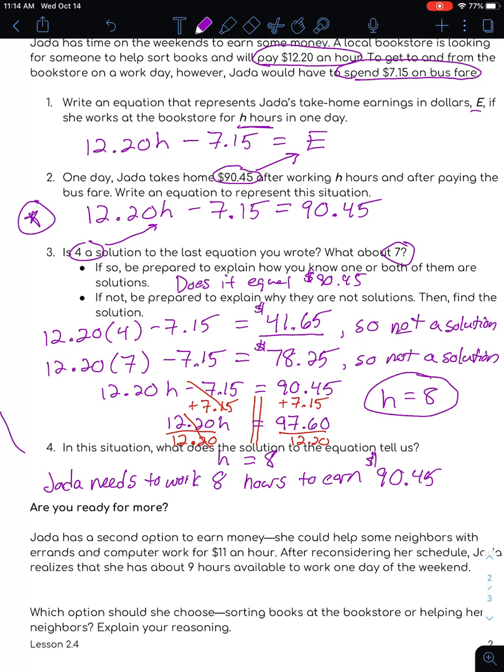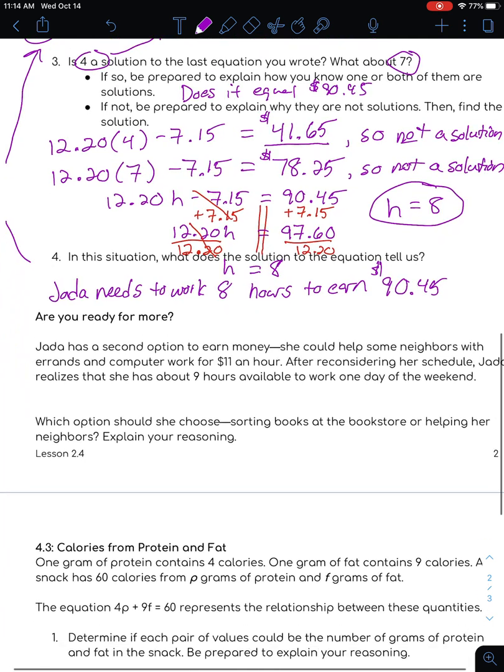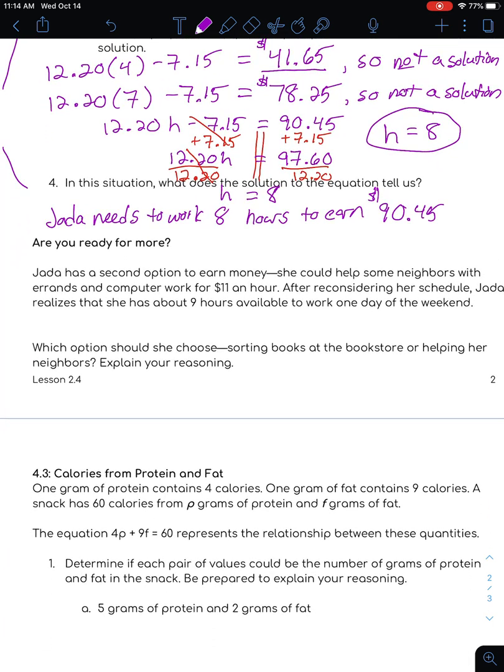So back up here in our equation, we're wanting to know what number of hours she would have to work to get that $90.45, and we just worked backwards and solved it and said, all right, she would have to work 8 hours. 12.20 times 8 minus 7.15 equals $90.45.